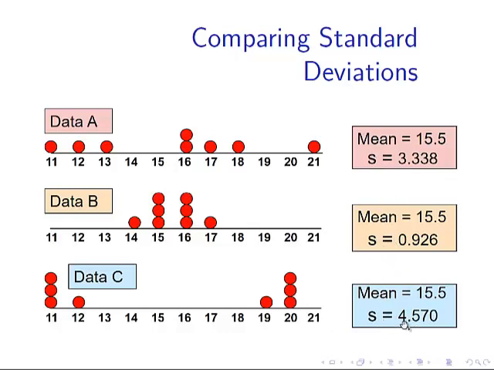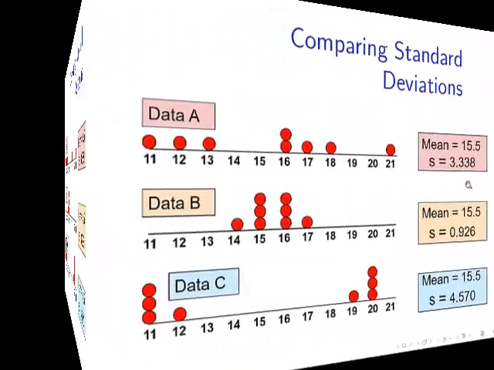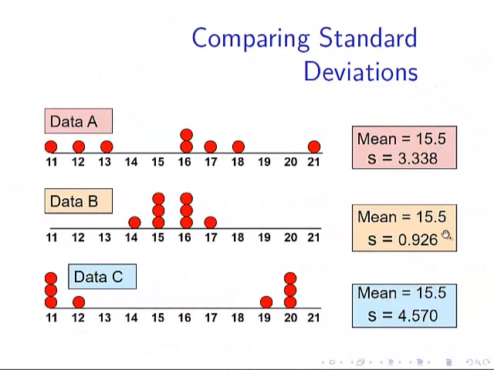Now let's explain what it means to have the highest, the greatest value for the variance. What does it mean to have the smallest number? And what does it mean to have the middle number? As you know, for all these three data sets, the mean is equal to 15.5. On the numerical axis, it's approximately here.